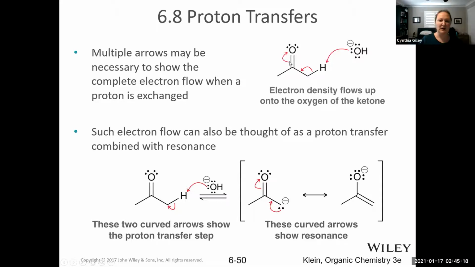So at the same time, we also need to shift these pi electrons up to the oxygen to show 3 lone pairs on oxygen. So it's essentially a way to get all the way from the hydroxide and the ketone substrate to the more stable, more significant resonance contributor in one step.